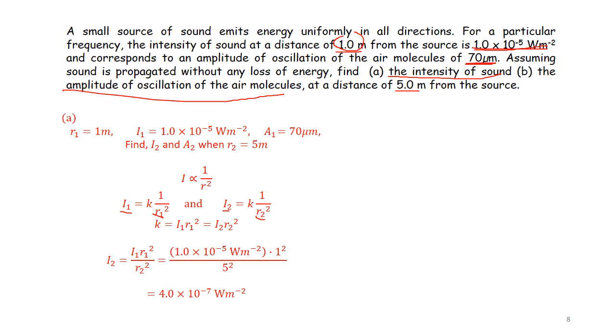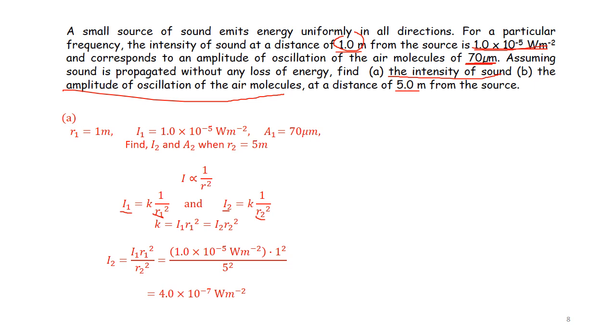They say without any loss of energy, that's the essence, which means the wave speed remains the same, the amplitude of the wave, the frequency of the wave remains the same, then the density of the medium.